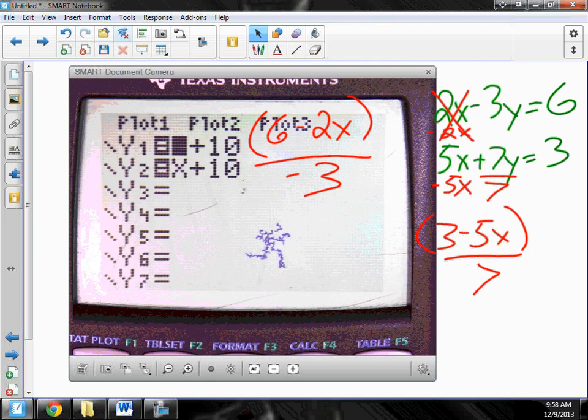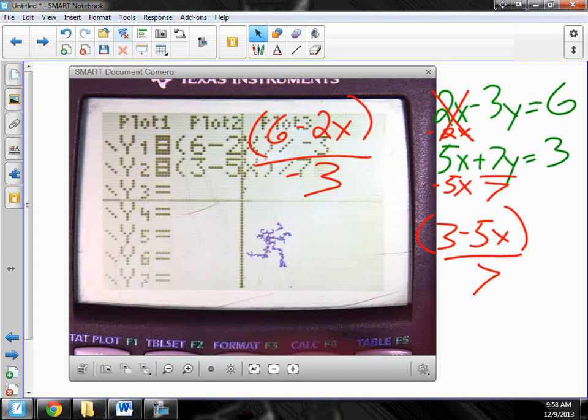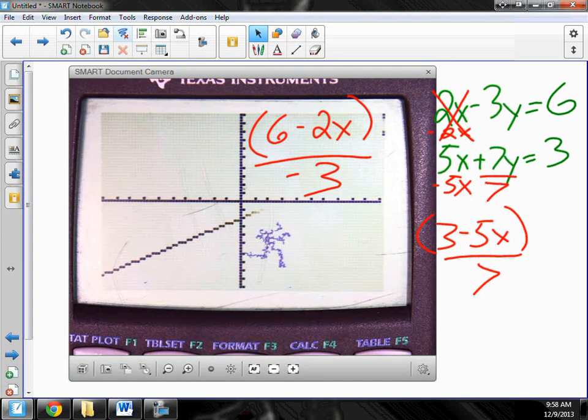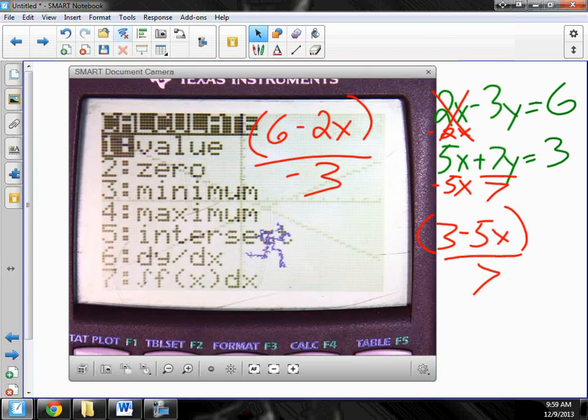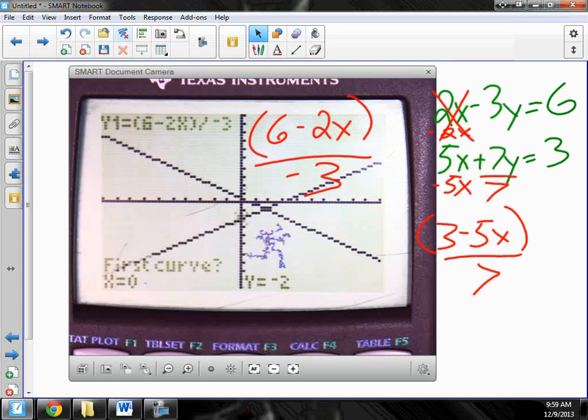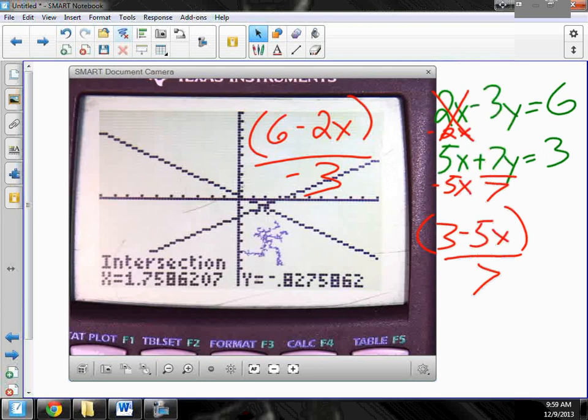So the first one, 6 minus 2x over negative 3. Second one is 3 minus 5x divided by 7. So second calc, intersect, enter, enter, enter. My intersection would be 1.75 and negative 0.82.